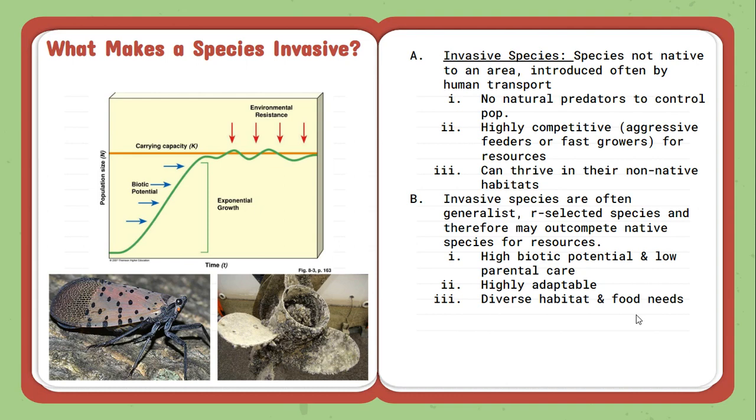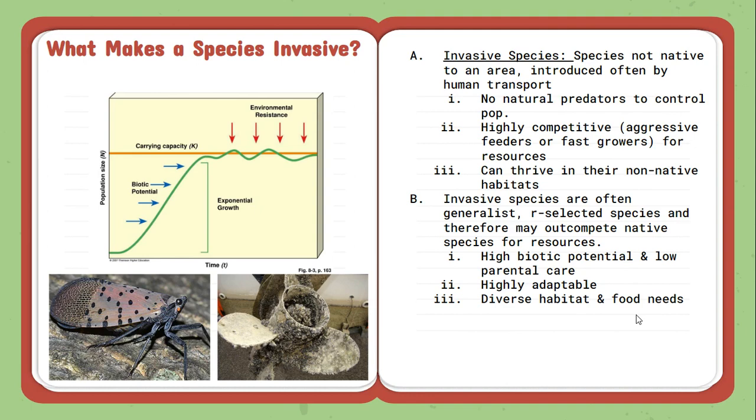Part of the reason is that those species don't have a natural predator to control their population. They tend to be very competitive or aggressive, fast growers, can optimize their use of resources, and can thrive in habitats that they may not normally reside in.